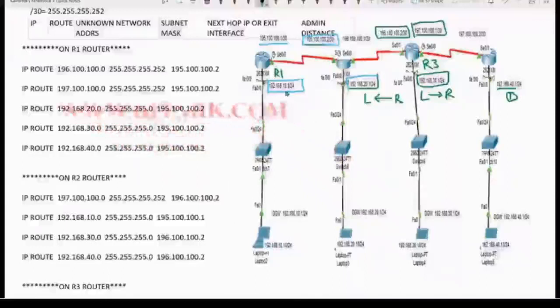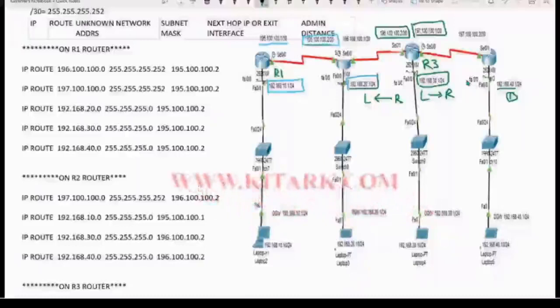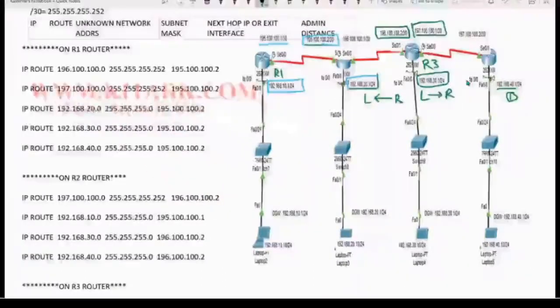So this is how you need to calculate before you configure static routing. The configuration part has a lot of calculation involved. So it takes a lot of time to configure, but static routing is very stable, so the router will give it more preference.